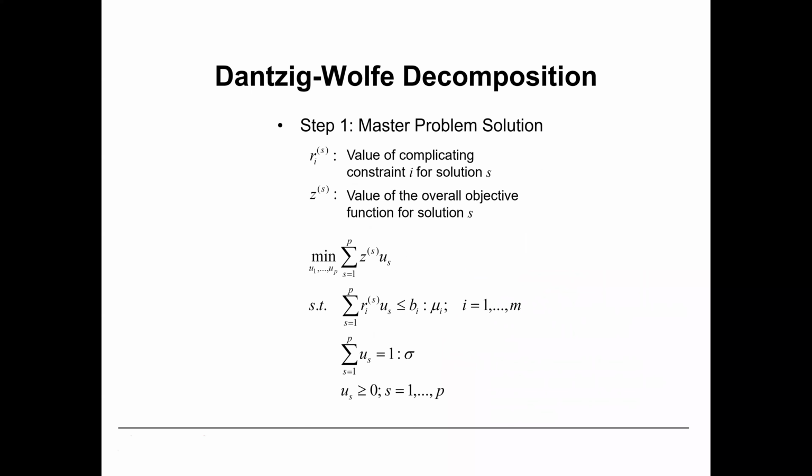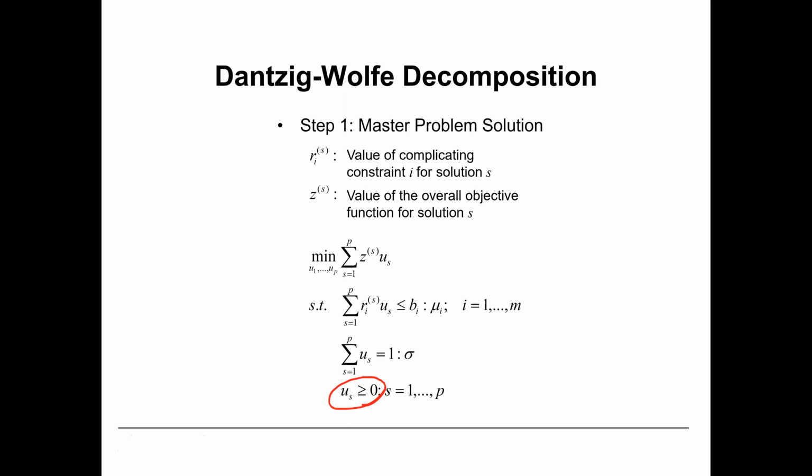So the master problem ensures two things. First, sigma, or the sum of all of these coefficients, is equal to 1. And second, it helps us find the coefficients to move toward the optimal solution. And we want all of these coefficients to be positive.